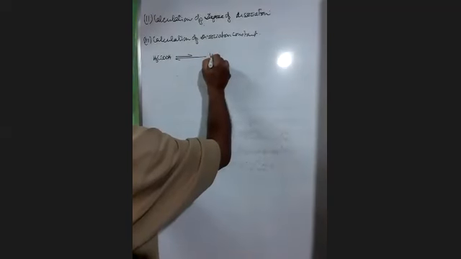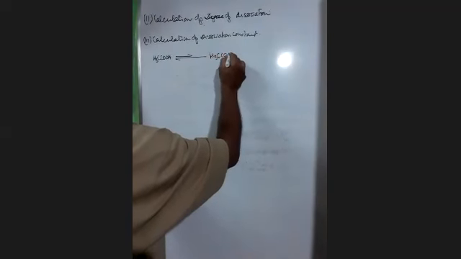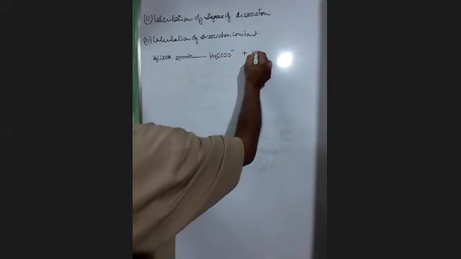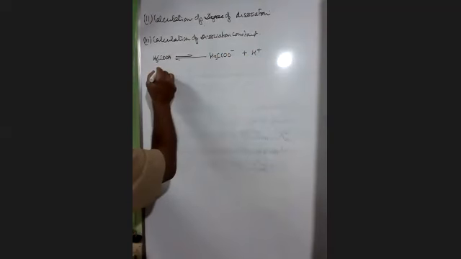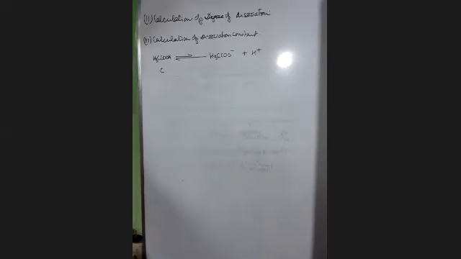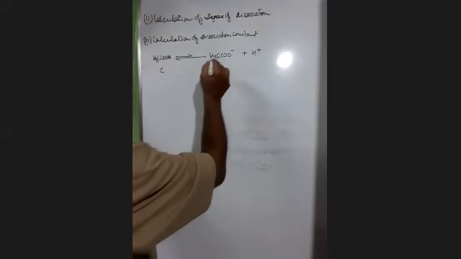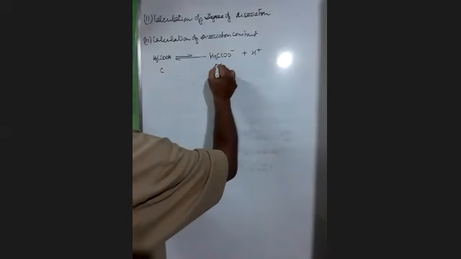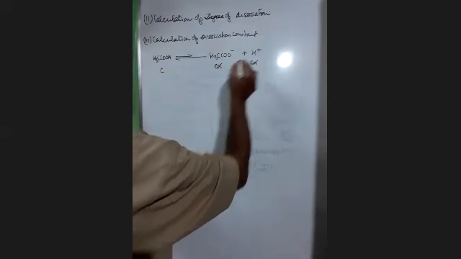So I'll write this one as CH3COO minus and H plus. Let us say C is the concentration, and alpha is the degree of dissociation. I'll explain to you, don't worry. So this is C alpha and this is C alpha.